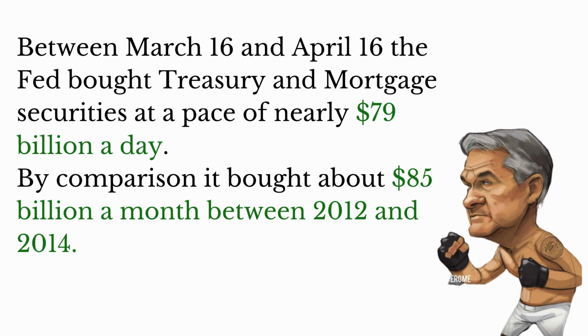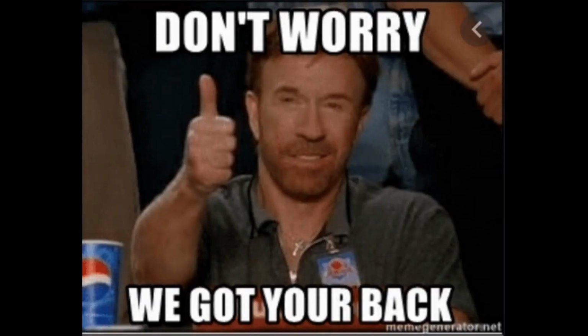Between March 16th and April 16th, the Fed bought treasury and mortgage securities at a pace of nearly $79 billion a day. By comparison, it bought about $85 billion a month between 2012 and 2014. Doing those things, the Fed basically said to everyone, "We got your back at any cost."